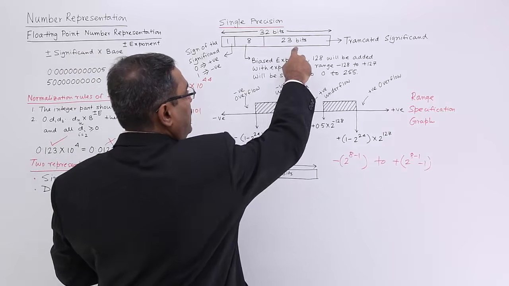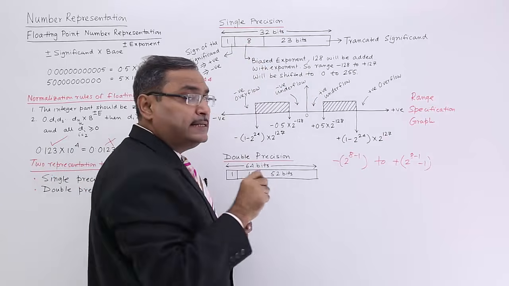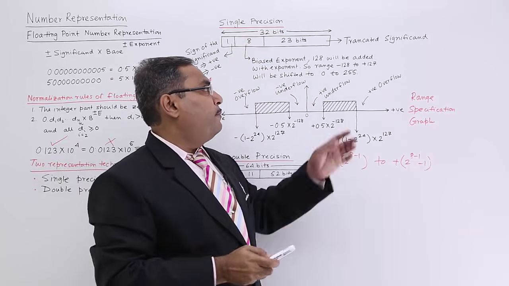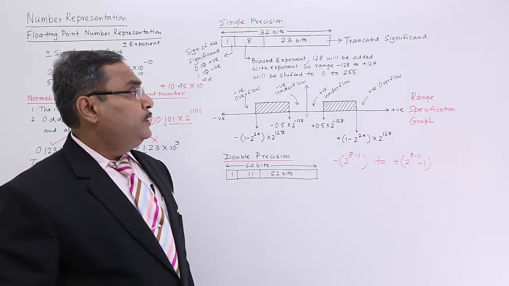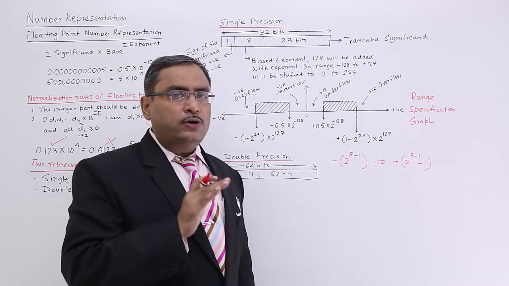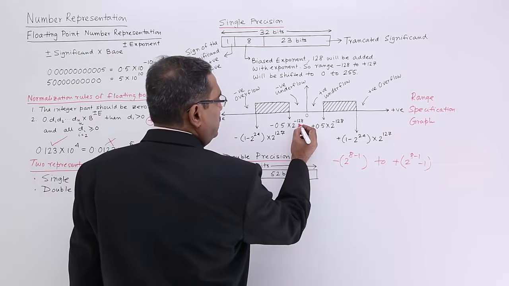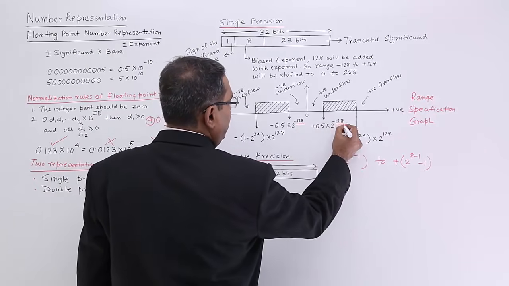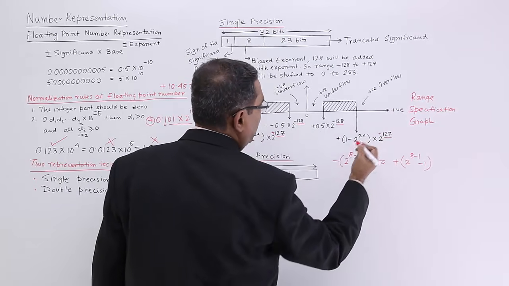Say this exponent is of 8 bits and it is signed, so it can range from -128 to plus 127. So the minimum value is -128 and the maximum value is plus 127.